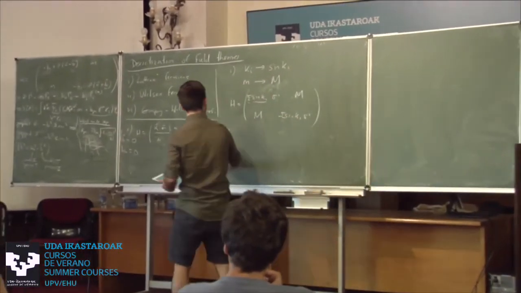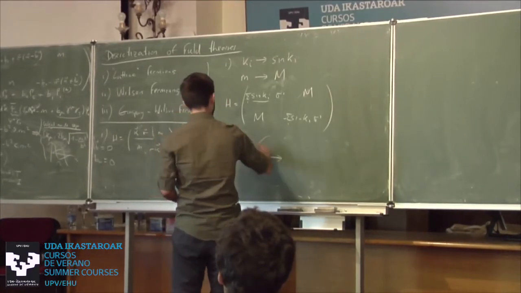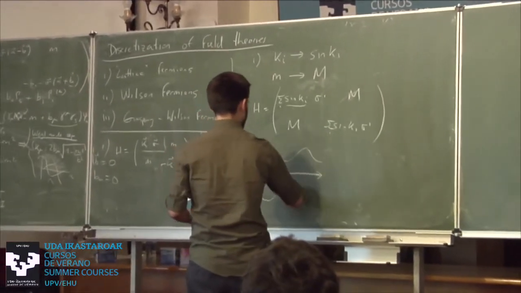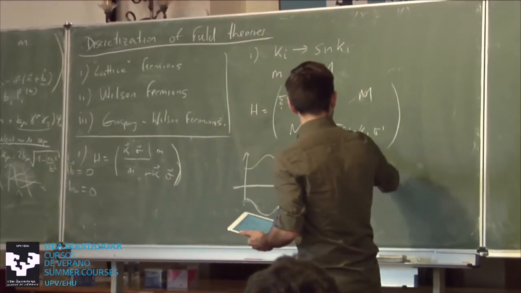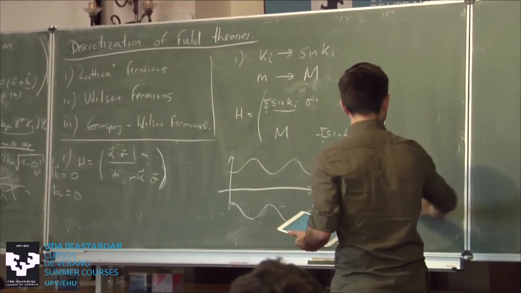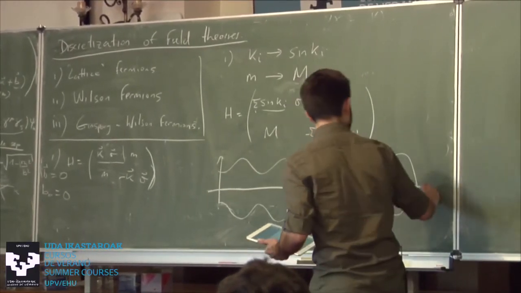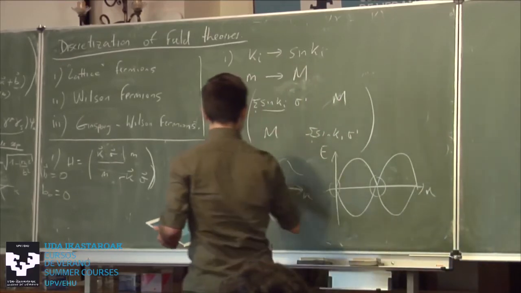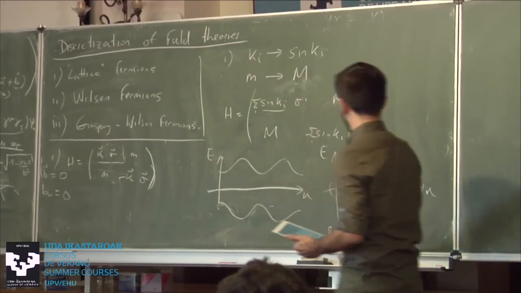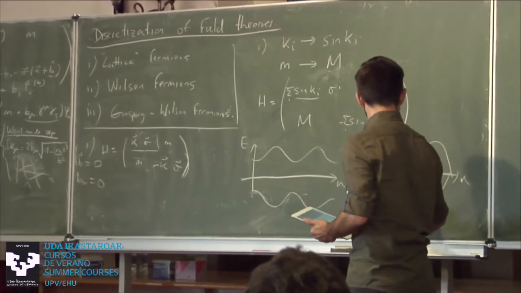So if you diagonalize this Hamiltonian, if you have a mass, you would see something like this. And if it's massless, you would find something like this. So this is K, this is E, this is K, this is E. Not only at gamma would I have gapless degrees of freedom, but I would also have them at, let's say, pi, 0, 0.